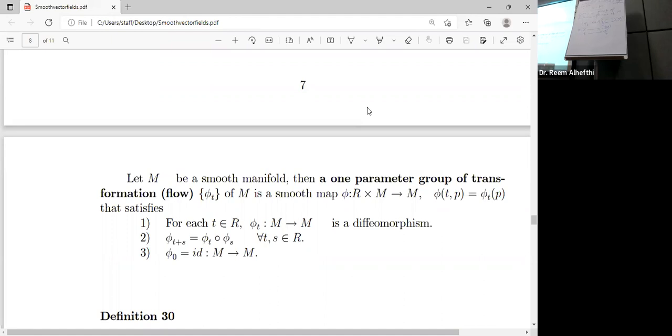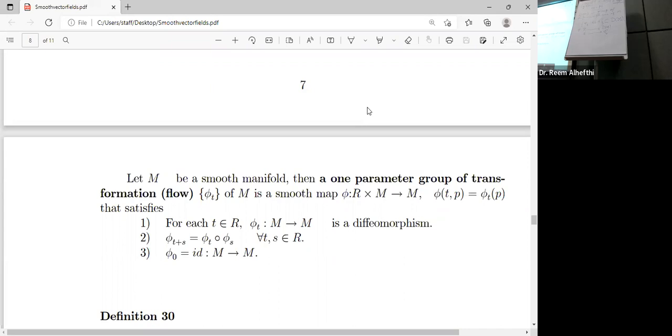Each phi t is a diffeomorphism. We ask that it respects the group structure of R. That is, phi of (t plus s) is phi t composed with phi s, for all t and s.